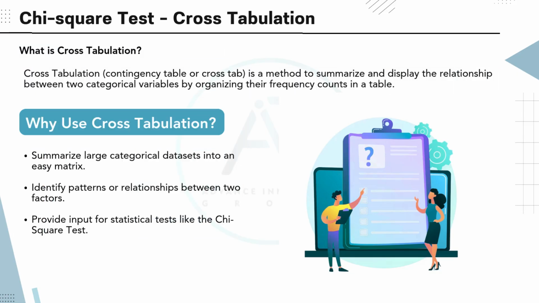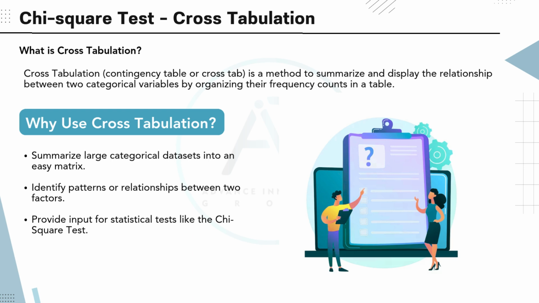This slide introduces the concept of cross-tabulation, also known as a contingency table or crosstab. Definition: cross-tabulation is a method used to summarize and analyze the relationship between two categorical variables. It works by organizing the data into a matrix format that displays the frequency of combinations of the categories of both variables.